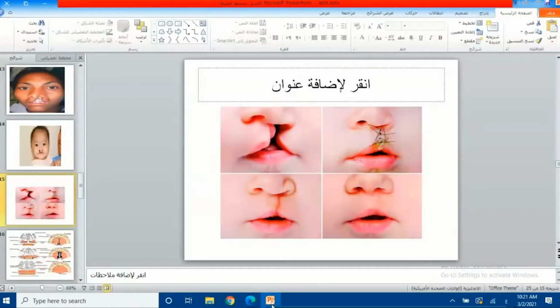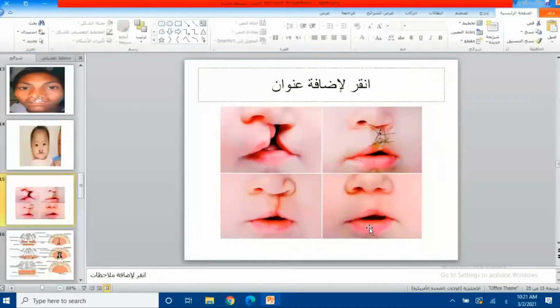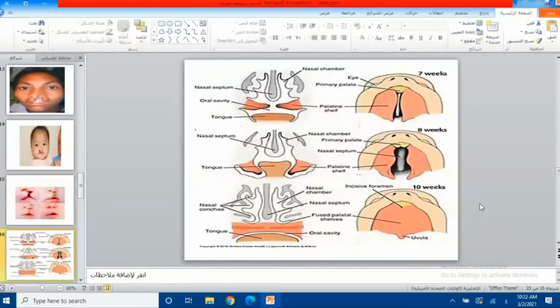How did you say palate? Just isolated cleft. What is an isolated cleft? I did not explain it that way, right? Where do you see the cleft currently? The lip and the jaw, extended to the nose. Is it unilateral or bilateral? Unilateral. Unilateral cleft lip, okay, extended to the nose, and as you see, the result of the medical operation. Okay, so let's look at this figure.